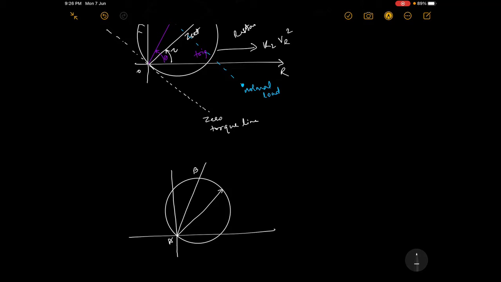Now, due to arc resistance, due to R, you can see the R will start here and this AB line will shift here. And why? This is due to the arc. So what is happening?